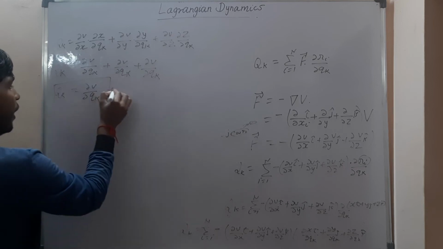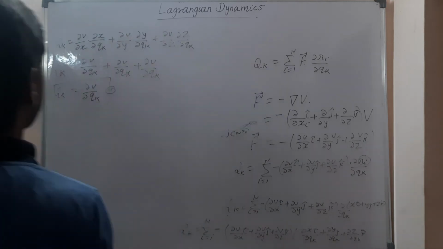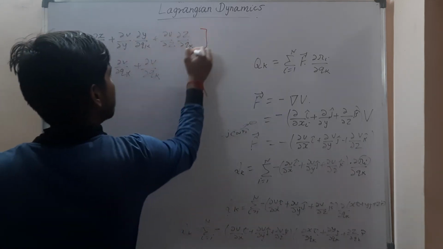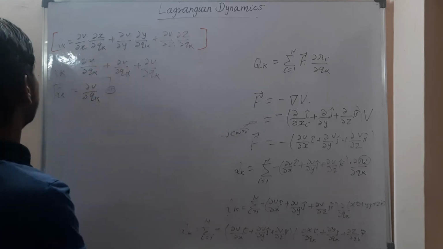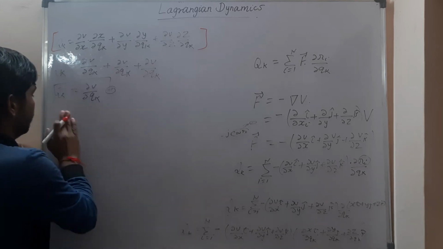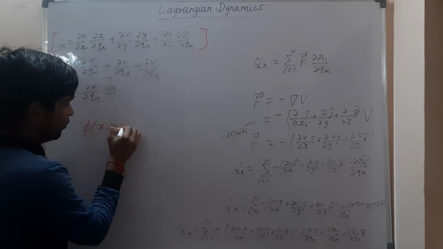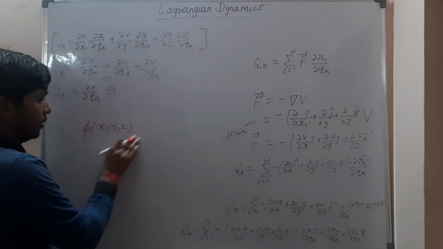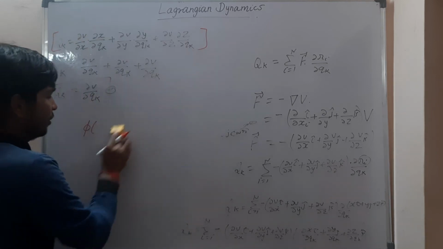Now if you are thinking how I wrote this one, this is very easy. If I say phi is a function of x, y, z, and I am differentiating with x.